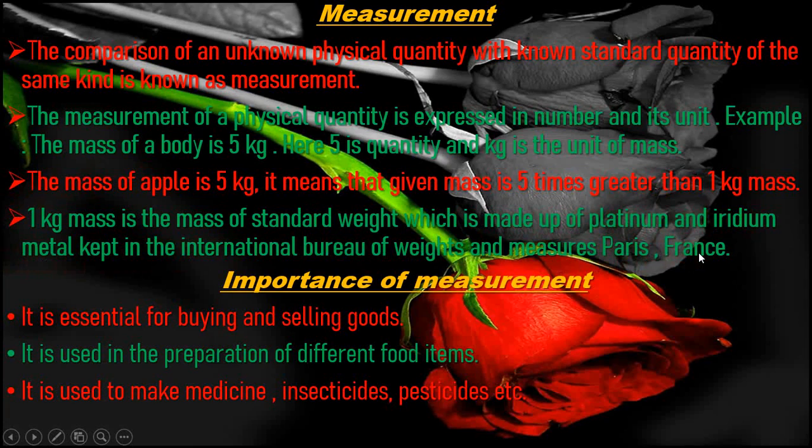We know that the General Conference of Weights and Measures, Paris, France, was held in 1960, and in that conference, the scientists designed a standard mass and the standard units for all the measurements. So 1 kg mass is taken as a standard weight, which is the weight of platinum and iridium metal kept in the International Bureau of Weights and Measures, Paris, France.